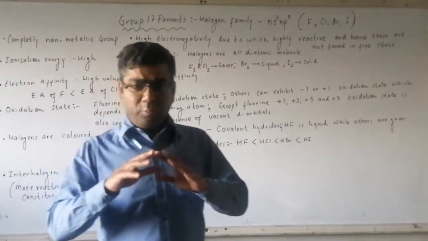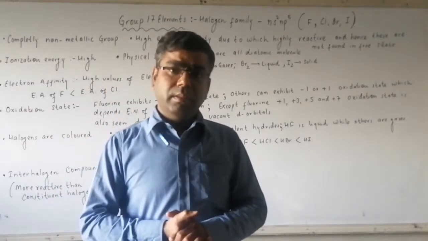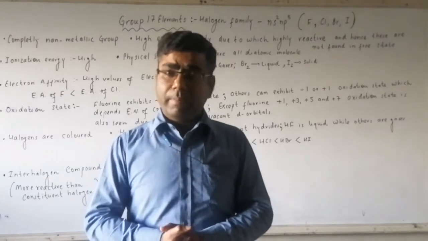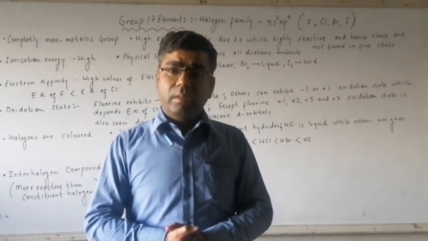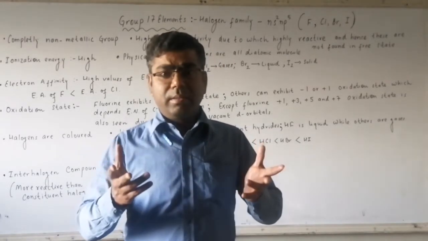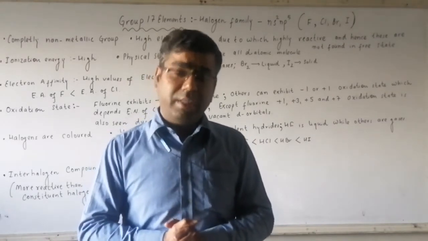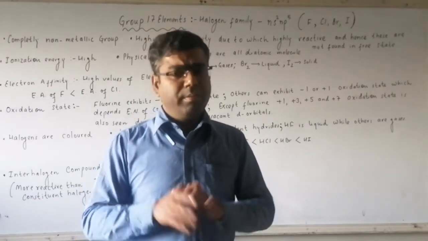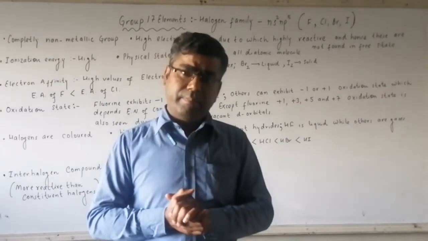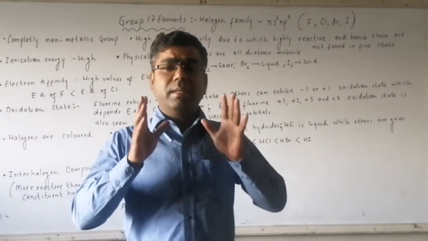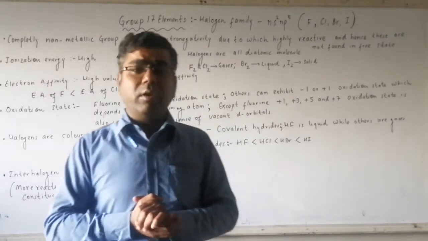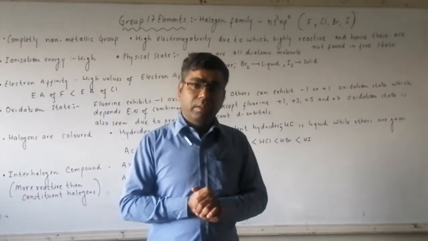So their atomic size is very, very small, and due to this they have high values of electronegativity. Reason is small size. Fluorine is the most electronegative element of the periodic table.